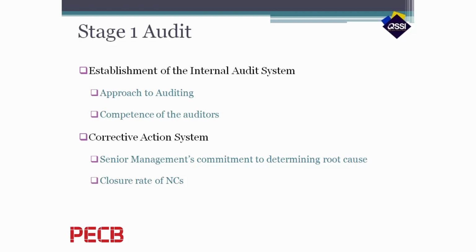If you have a good, robust internal audit system, that is a positive already.